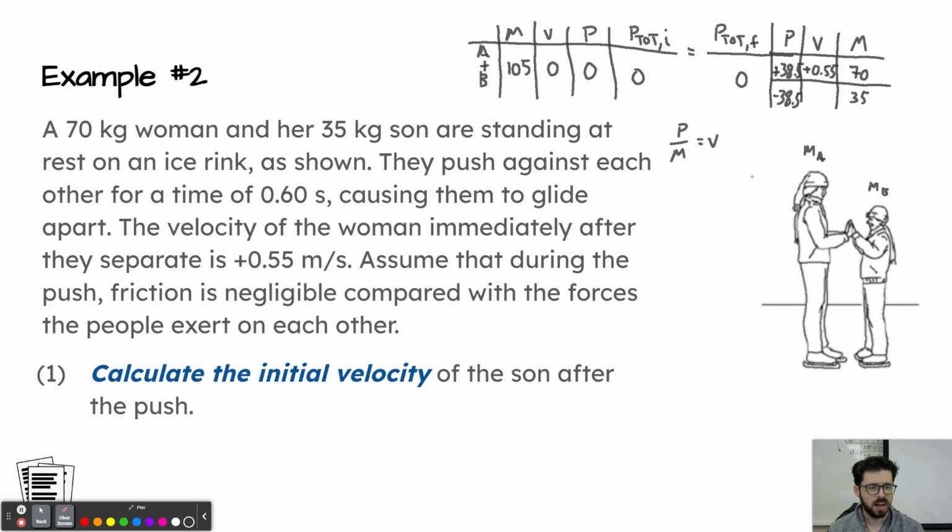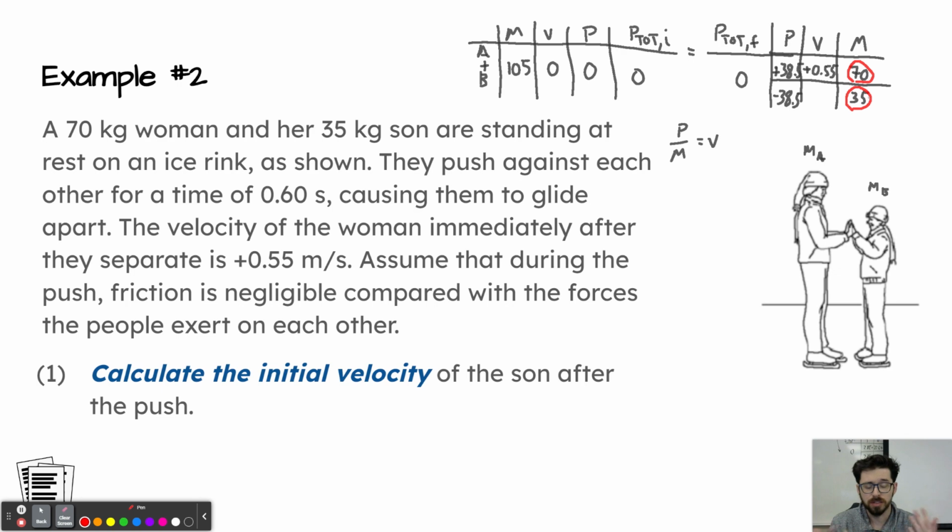But I really want to stop and talk concepts for just a second. So let me switch colors. And this is something that I emphasized in class as well. But you'll notice that the mass right here for the parent is 70. So let me go ahead and circle that. And the mass right here for the kid is 35, which is exactly half of the mass of the parent, right?